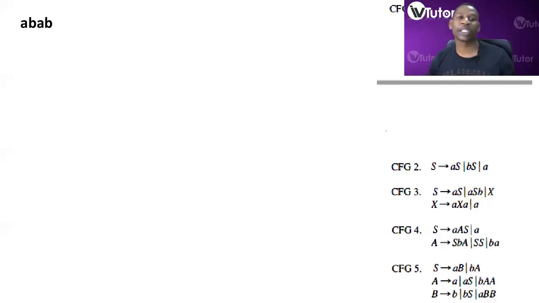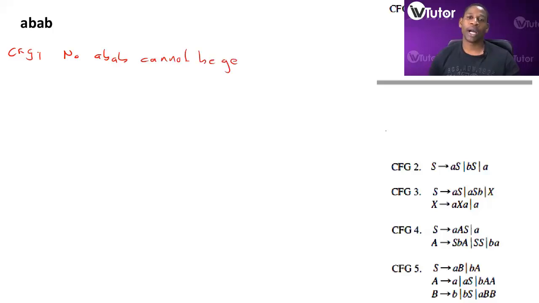For example, if we're checking the word ABAB with CFG1, can we generate ABAB? No, ABAB cannot be generated. Why? You see that this expands with ASB.